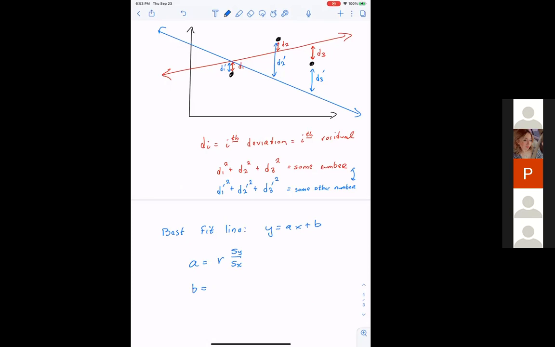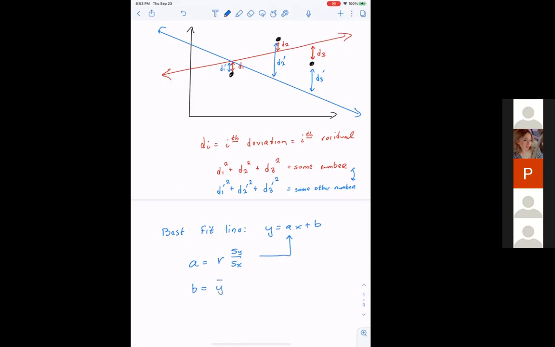S sub Y is the standard deviation of the Y data. And what is S sub X? The standard deviation of X then. Standard deviation of the X data. So that gives us A, which is the slope. This is the slope of my line.